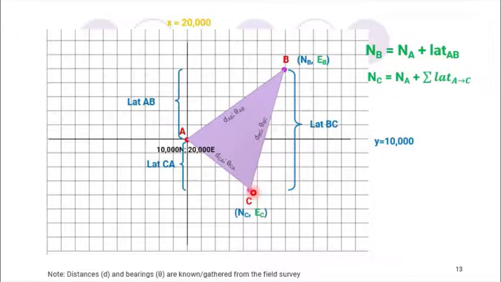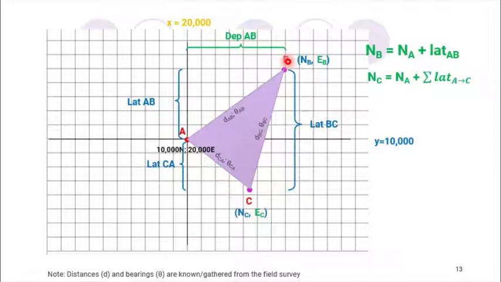For the departure, we have here the 20,000, then plus, because it is on the right, this green line. The green line is actually the departure of AB.